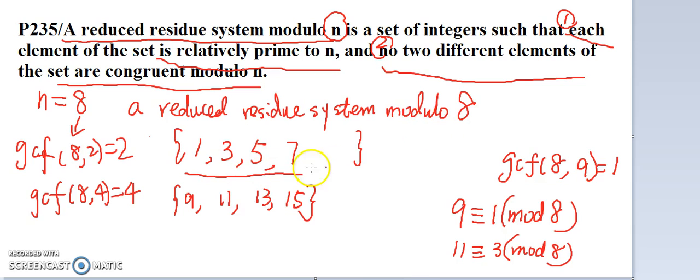So there are different answers, but usually we pick the smaller numbers, 1, 3, 5, 7. Because 9 is congruent to 1, 11 is congruent to 3, 13 is congruent to 5, 15 is congruent to 7. You can pick these, but just make sure any two numbers here are not congruent. All right, so that's how we find a reduced residue system modulo a number.